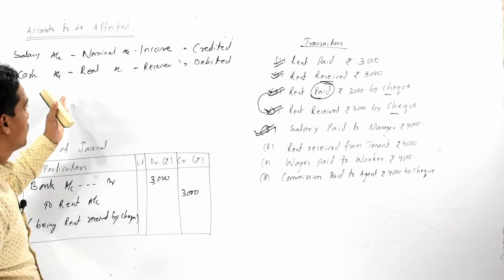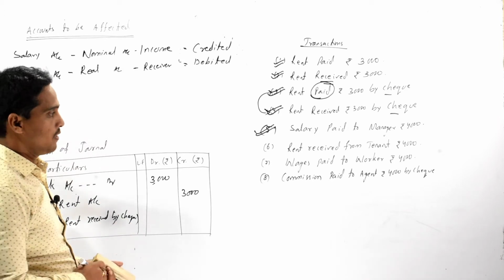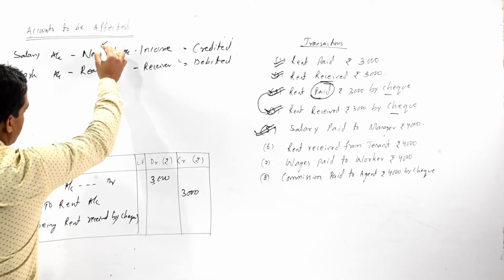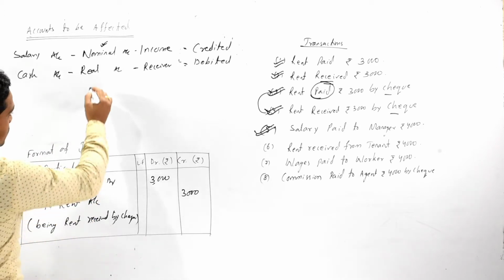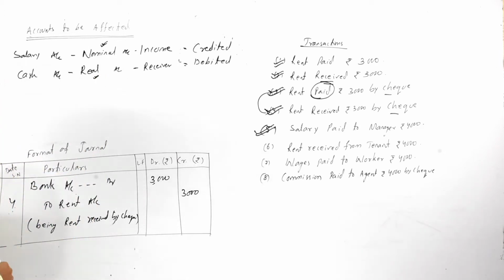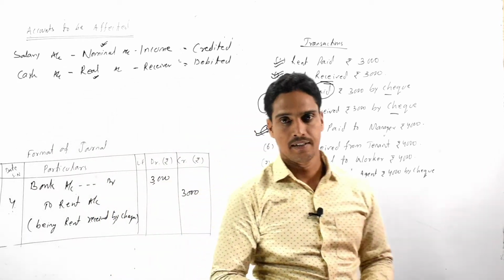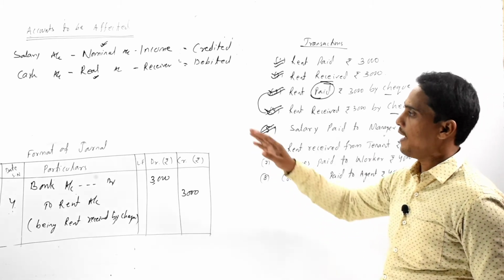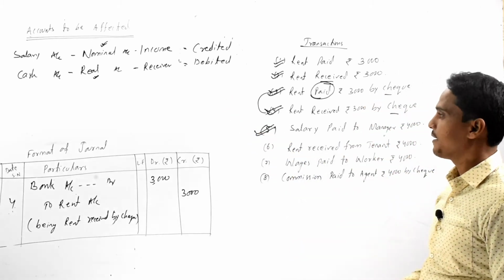So here we should identify the category of the salary account and cash account. Salary account is a nominal account and our cash account belongs to our real account category. Then we should identify the nature of the salary and cash in the particular transaction.